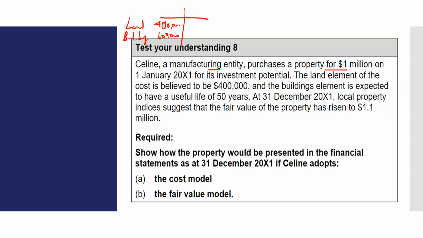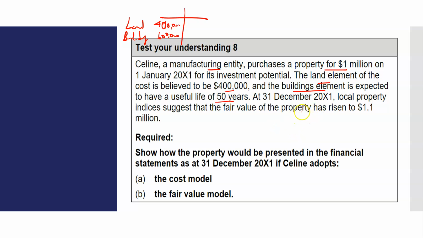That's how you get the $1 million. It says the building element is expected to have a useful life of 50 years.